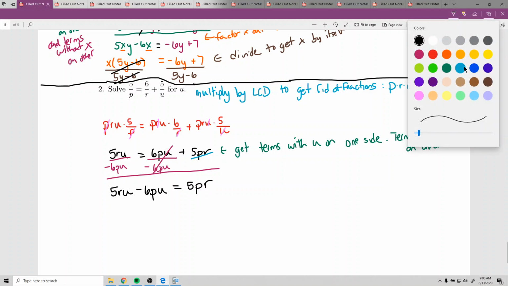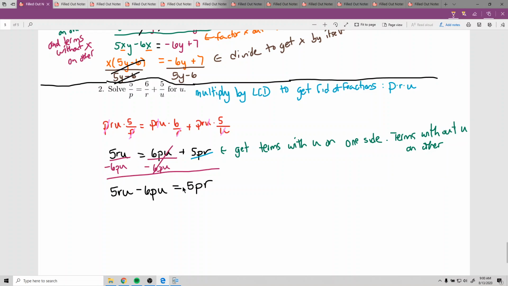And once again, just think about what we did last time. We got the x's on one side so we could factor it out. This time we got the u's on one side for the same reason. Factor it out. So we take the u out, and we got 5r minus 6p on the left. There's no u on the right, once again by design.